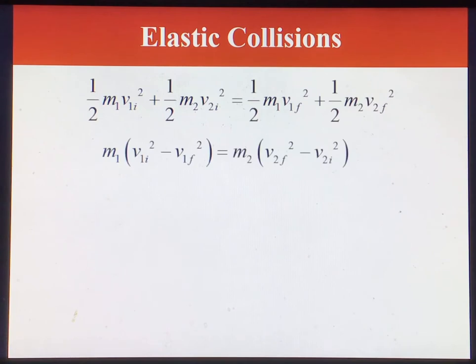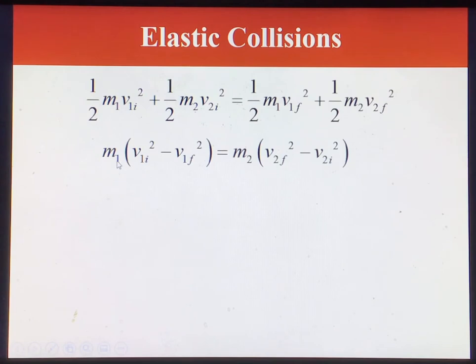All right. So basically, for an elastic collision, we know that the sum of the kinetic energy before is equal to the sum of the kinetic energy after. So again, you notice that because there is a factor of half, this factor of half is going to cancel all throughout. And so I can take this equation here and rewrite it in this form right here.